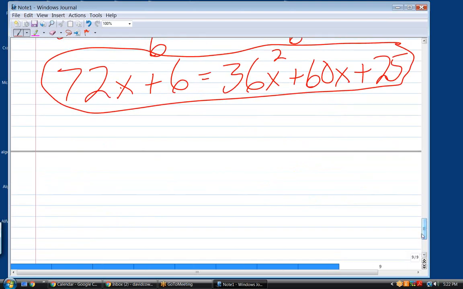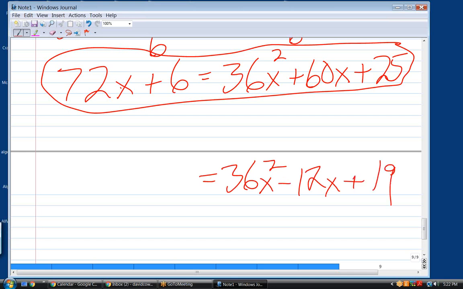I'm going to gather everything on one side. We still have a quadratic. So we're going to have 36x squared minus 12x plus 19.